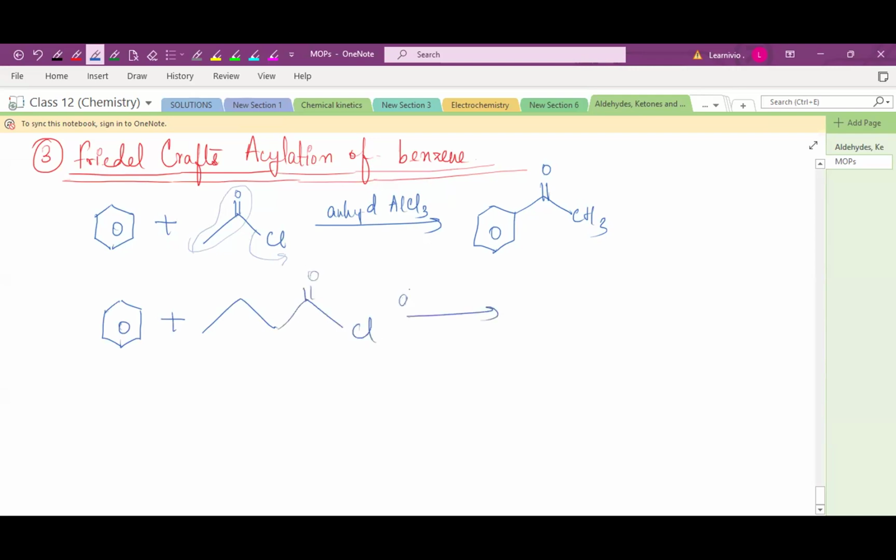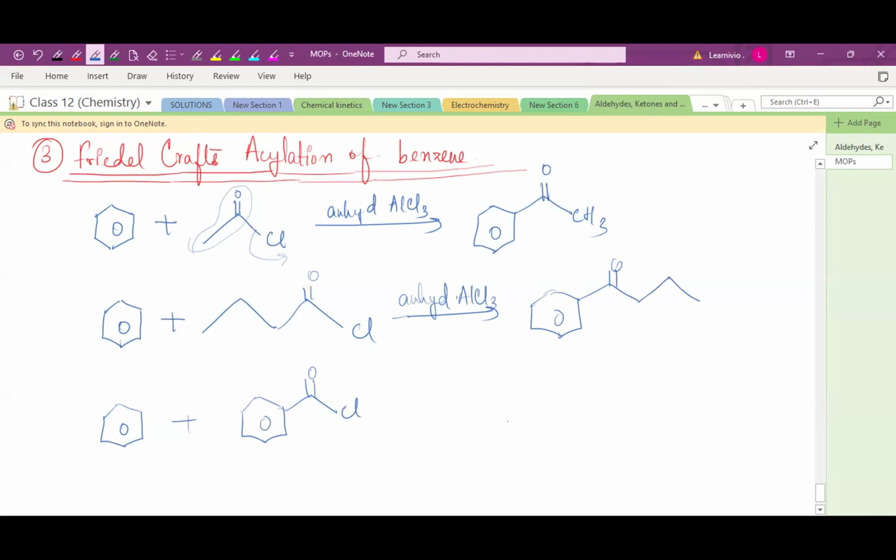Okay, now tell me what will be the product in this case? Anhydrous AlCl3 by using. Benzene ring with CO, CH2, CH2, CH3. So this will be a product.